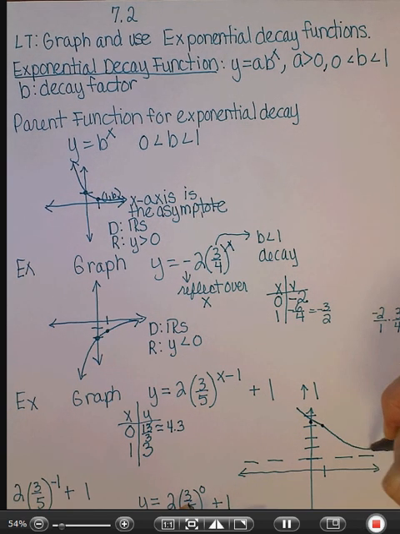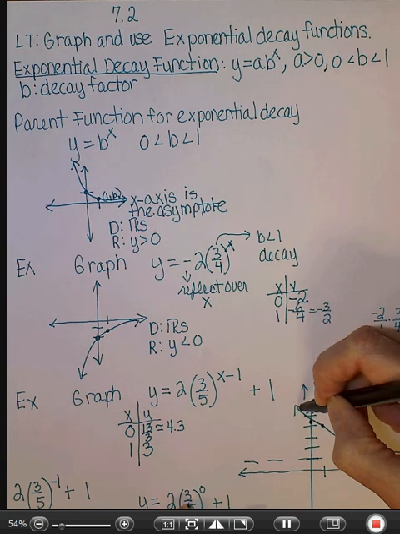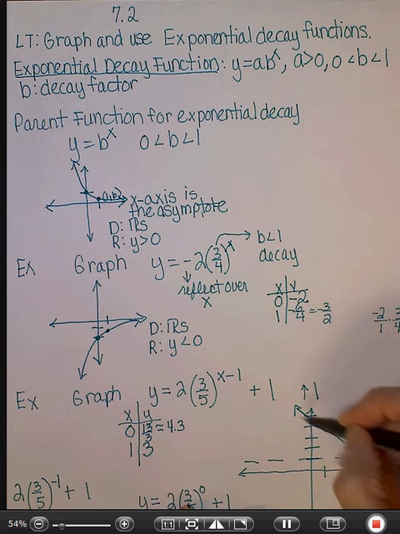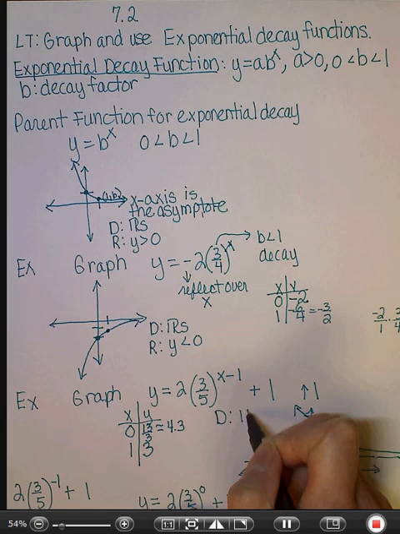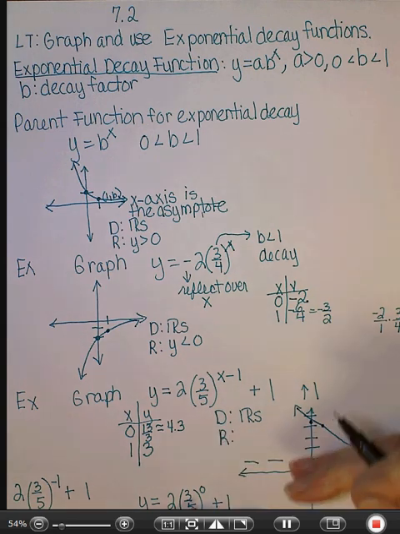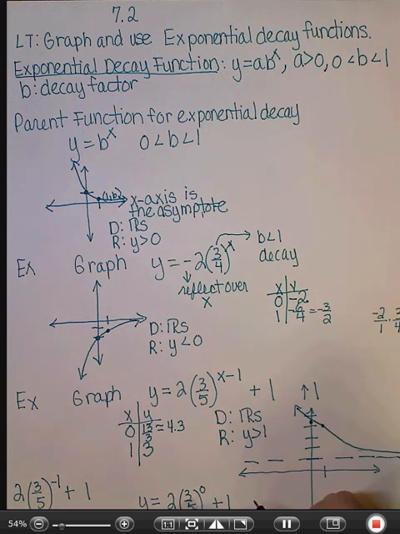It's going to get closer and closer to this asymptote. I didn't draw that really well, but hopefully you get the idea. Decreasing in value, approaching this asymptote. Okay, so let's do domain, all reals. Range, all the y values are above 1, so y would be greater than 1.